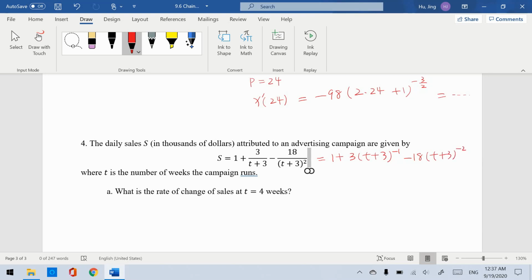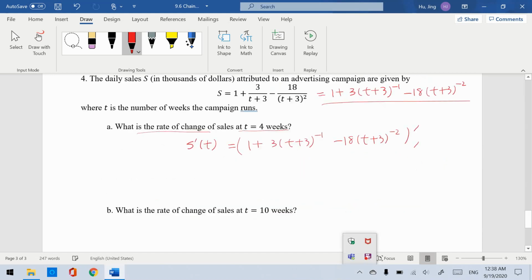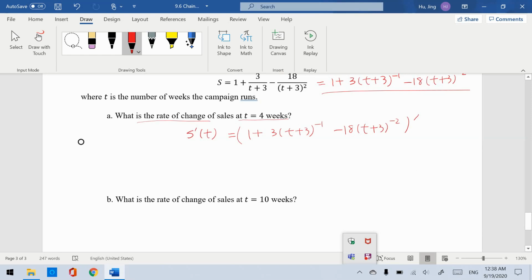Now, what's the rate of change at t equals 4 weeks? So now our first step is to get S prime, for the input is t, right? So we just need to do this derivative. Let's rewrite here the whole thing prime. If you do it fast, of course you don't need to write it down. You can directly just get the answer.